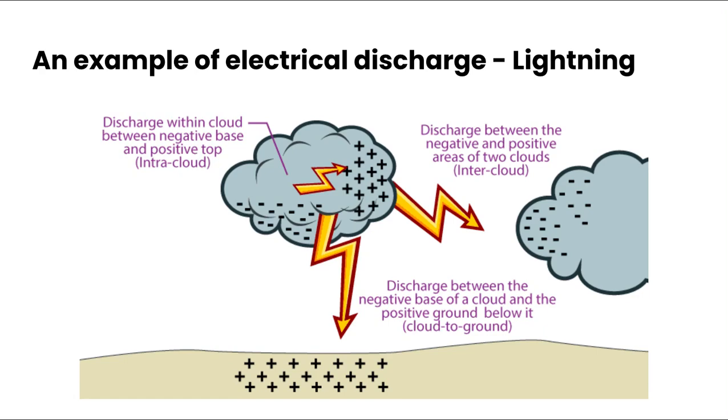You can get a discharge within the cloud, between the negative base and the positive top. That's lightning within a cloud. You can get it between clouds, going from the negative and positive areas of two clouds. But most of the time, it's a discharge from the negative base of the cloud to the positive ground below it, so coming down from the cloud to the ground.